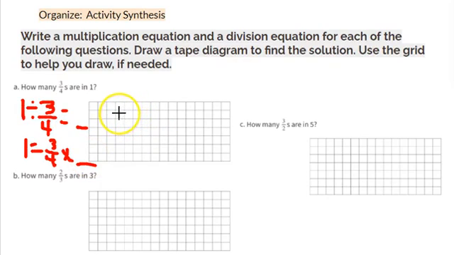Well, I'm going to use 4 of those spaces there. That gets me 1 whole, right? The question is how many 3/4 are in there? Well, each one of those is worth a 1/4. So from here to here is 1 group of 3/4, right? So I have 1 whole group of 3/4, and then I've got a 1/4 left over.